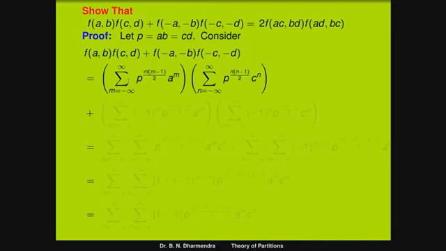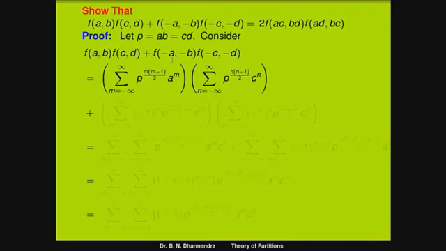We have to recall the second definition. The first one, f(a,b), can be written as the summation, m running from minus infinity to plus infinity, of p to the power m(m-1)/2 into a to the power m. The second result is the series running from minus infinity to plus infinity of p to the power n(n-1)/2 into c to the power n. Here p is equal to cd, and here p is equal to ab, that is equal to p.